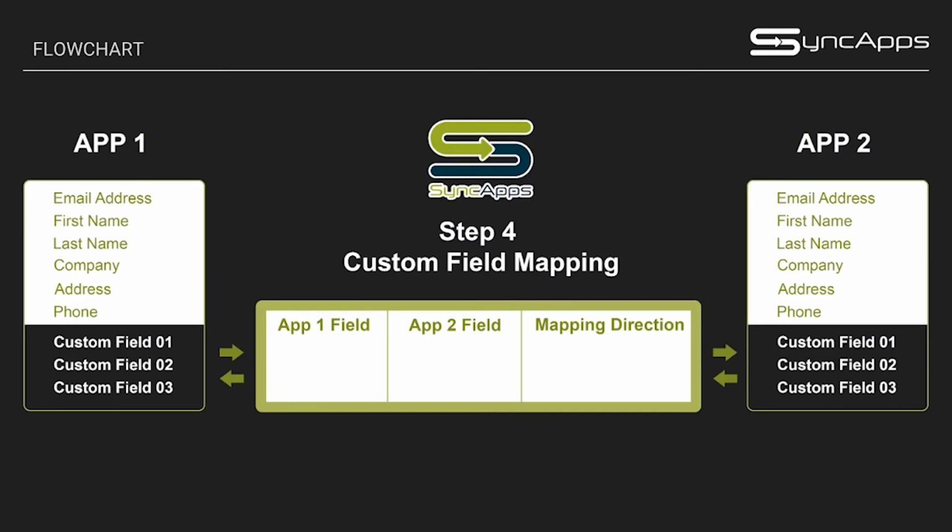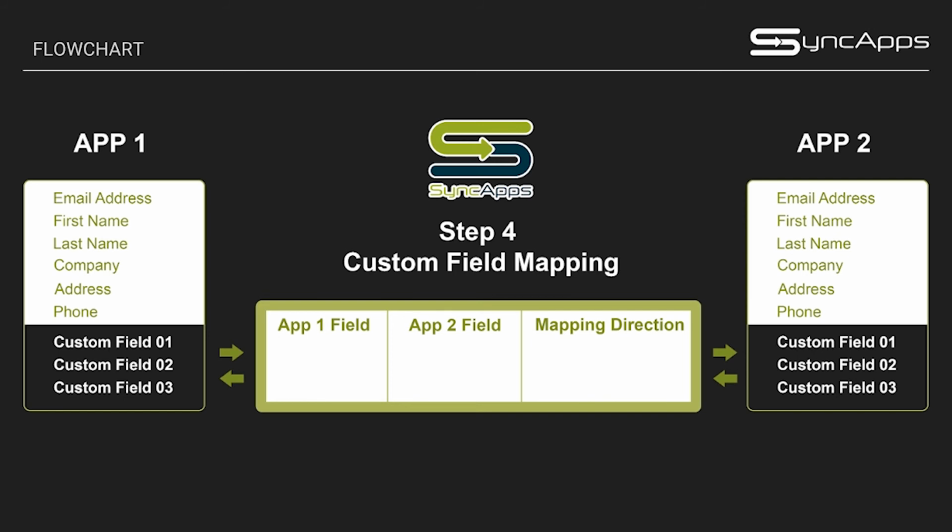So let's take a look at this flowchart. I have App 1, SyncApps, and App 2. In App 1, I have 3 custom fields. I want to map these using SyncApps, and I want SyncApps to sync these custom fields into my App 2.